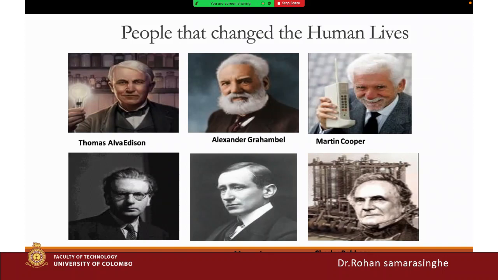The products, or else the new innovations they have made, will last for the next centuries also. And you can see the basic idea they introduced, and from that you can see some new innovation.